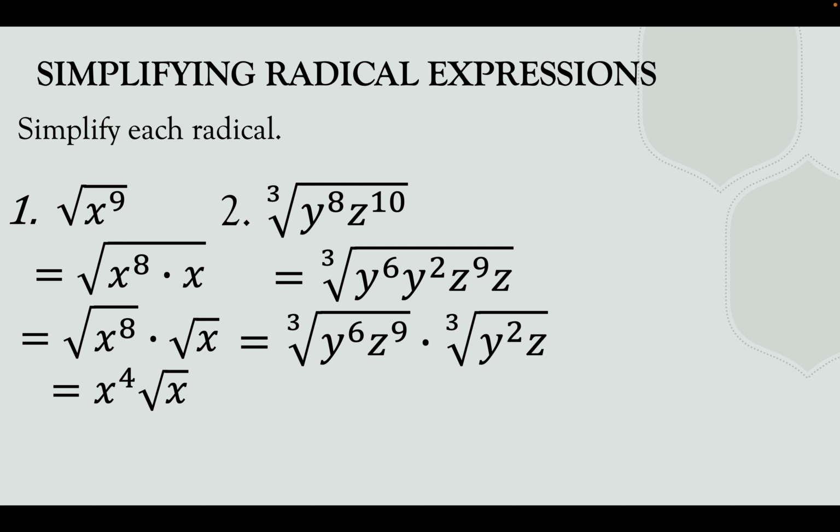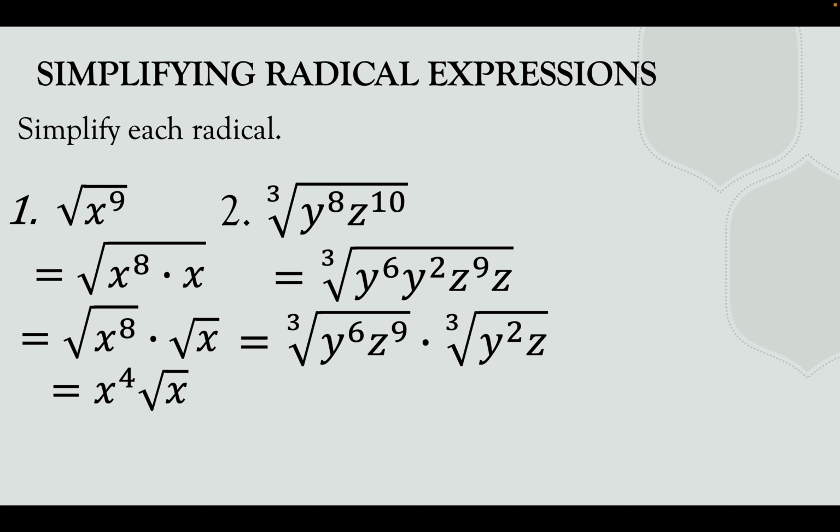Okay? So simplify this one. We have cube root of y raised to 6 times z raised to 9, times cube root of y raised to 2 and z. All you need to do here is separate the terms that can be simplified and the terms that remain, which are the non-perfect cube terms. So we have the cube root of y raised to 6.